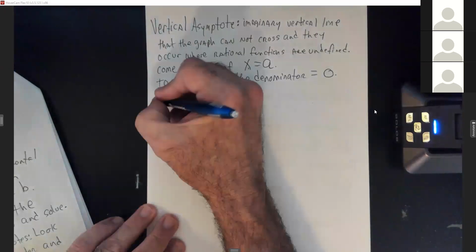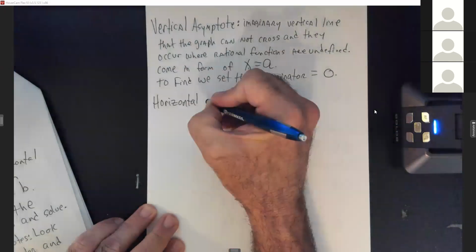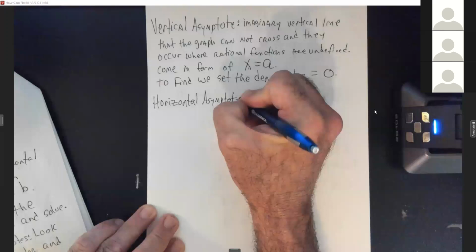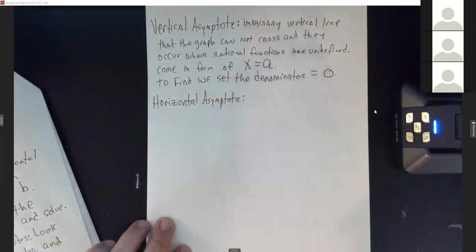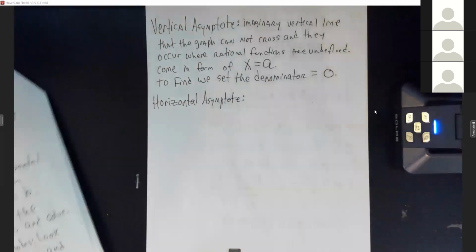All right, y'all, then we got horizontal asymptote. I don't know if I say that right. Asymptote. Sound good to y'all, right? All righty, y'all.